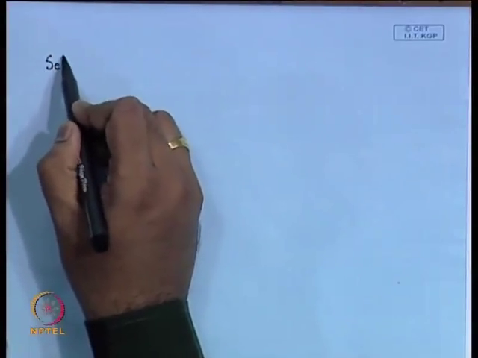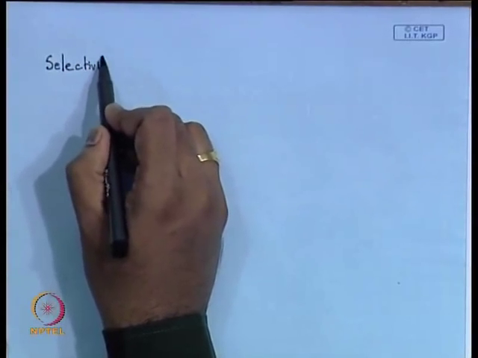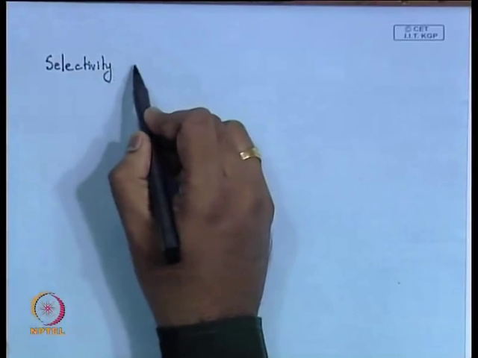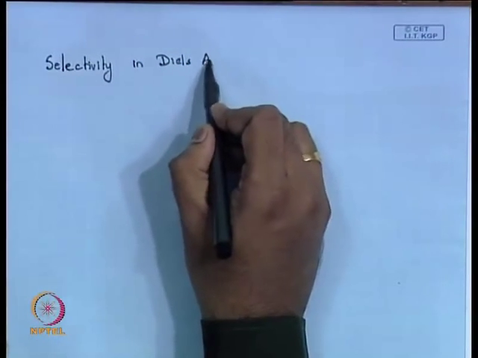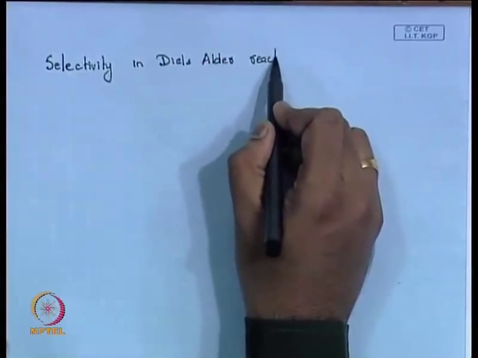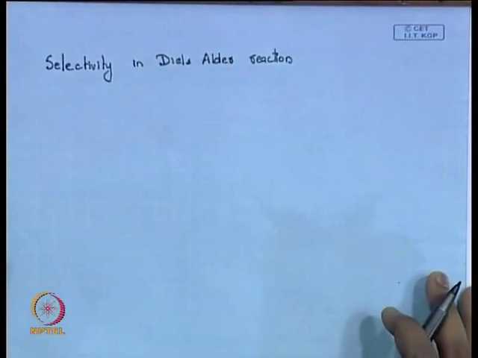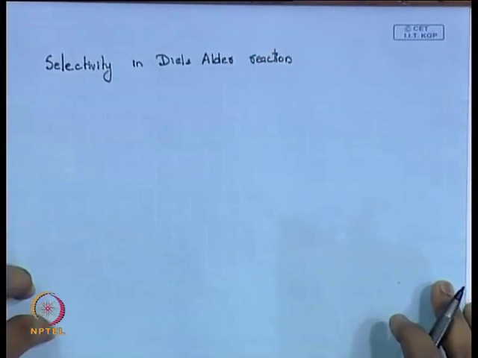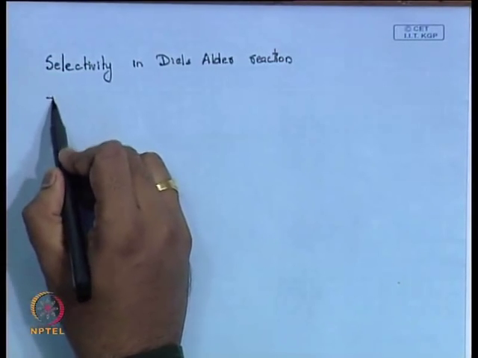So, first we get into the selectivity of the Diels-Alder reaction. The first part we will talk about is facial selectivity.